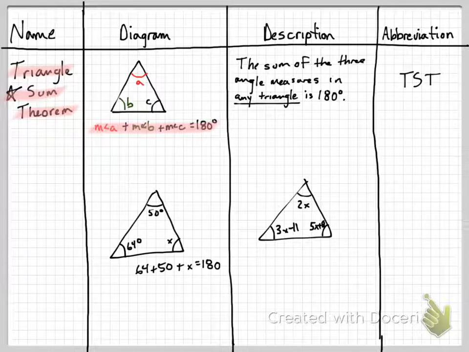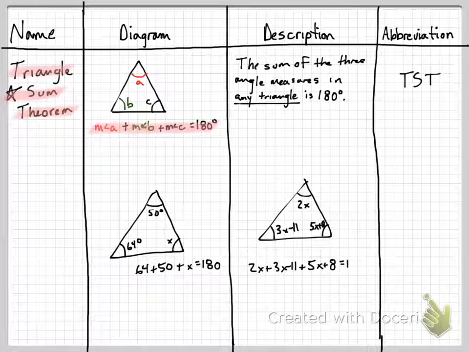So anyways, we're not going to go through and solve this right now. We'll see examples like this. But if they give you 3 expressions inside your triangle, it's got to be the Triangle Sum Theorem, because now we can say 2x plus 3x minus 11 plus 5x plus 8 all adds up to 180.